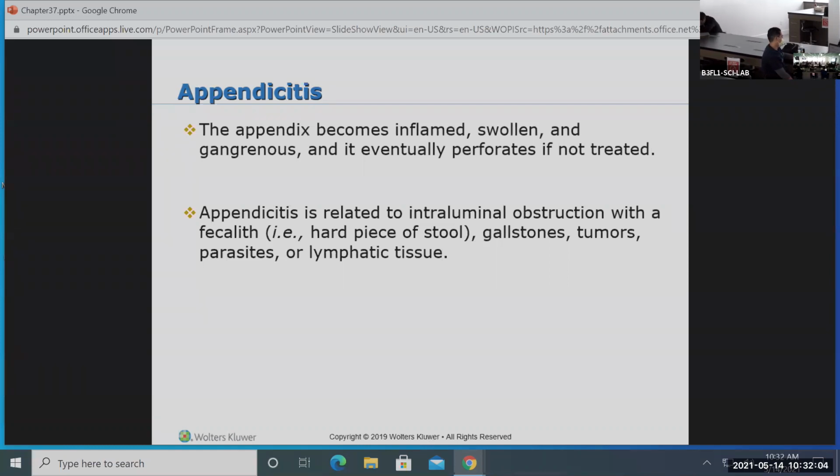That's what it says over here, hard pieces of stool within the appendix. This is the most common cause. Maybe gallstone, maybe tumor, maybe parasites and others, but that is the important cause. So appendicitis is related to, please highlight, intraluminal obstruction of the appendix with fecal leak.